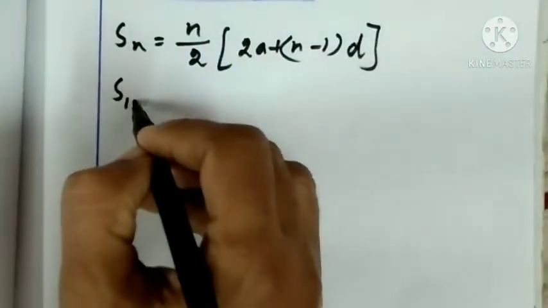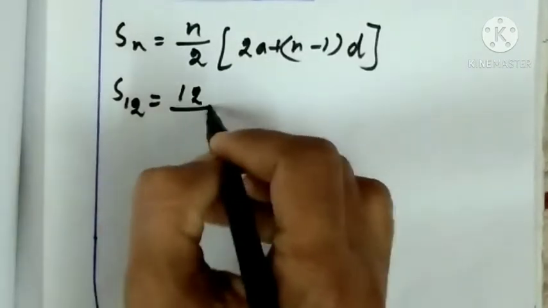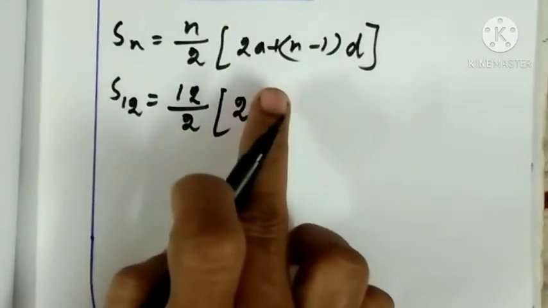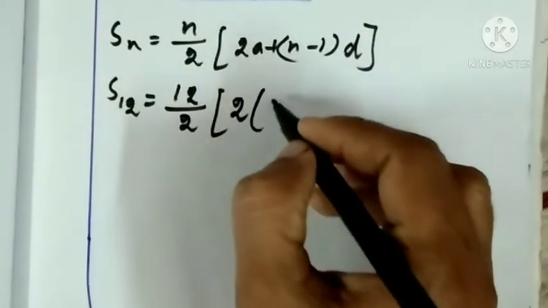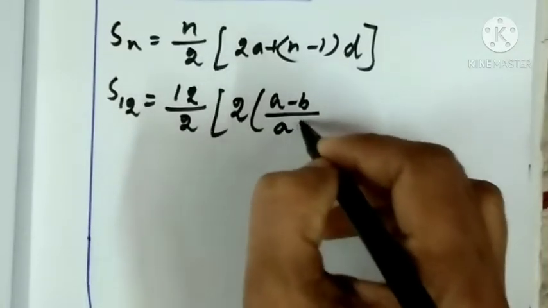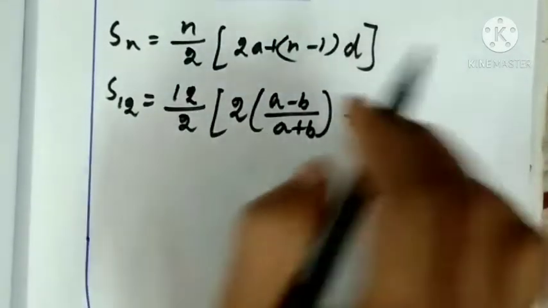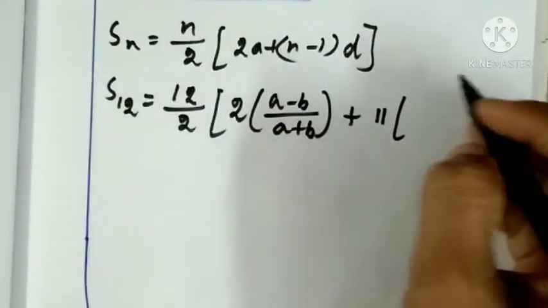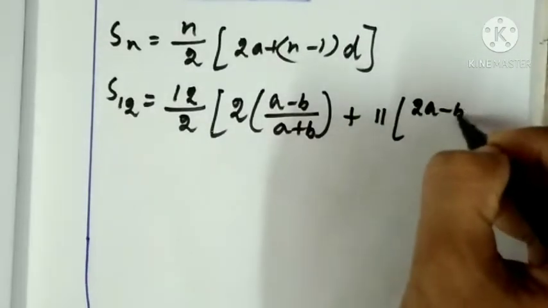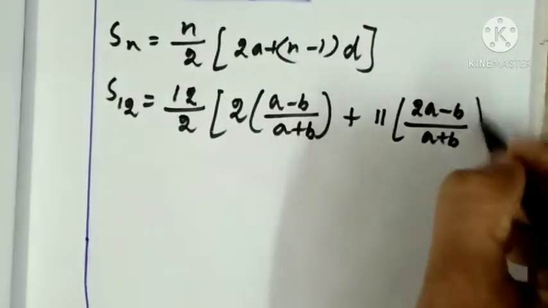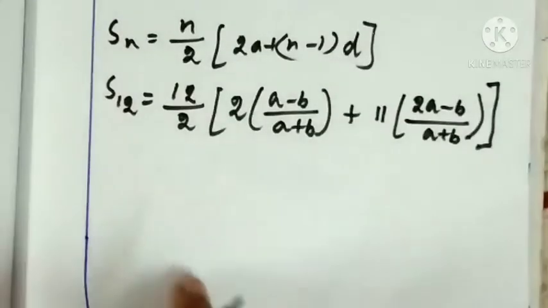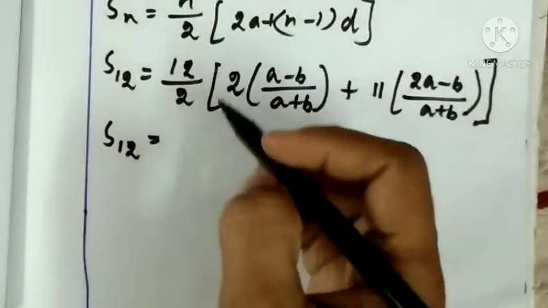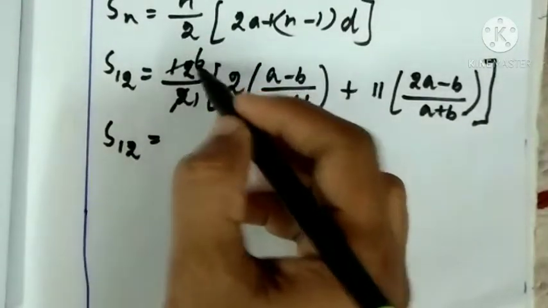That is, S12 is equal to 12 by 2 into 2, here a is a minus b by a plus b, plus n minus 1, 12 minus 1 we have 11, into d which is 2a minus b by a plus b. Now you have to solve this, and we get S12 is equal to, cancelling this by 2 table, 1 2 is 2, 6 2s are 12.